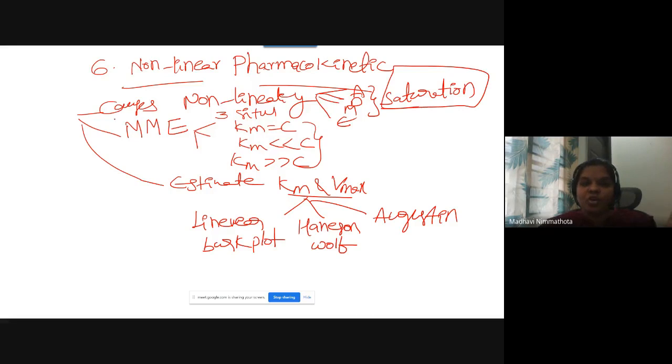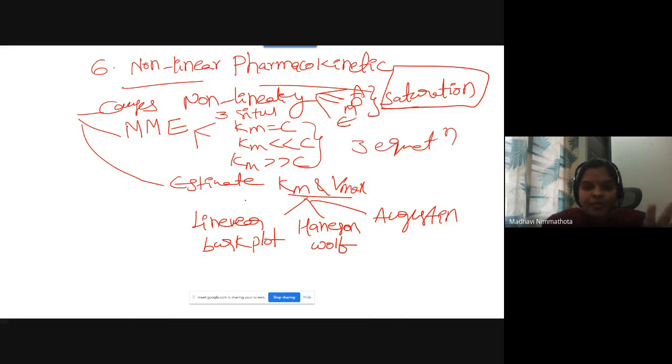So this is what we learned about causes of nonlinearity, right? And under Michaelis-Menten equation, you are going to learn these three situations, and here you will get three different equations. And then for estimation of Km and Vmax, we have studied the Lineweaver-Burk plot, Hanes-Woolf plot and Augustinsson plot.